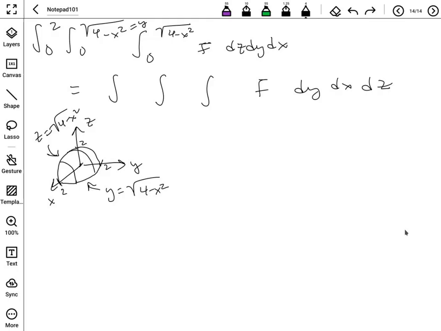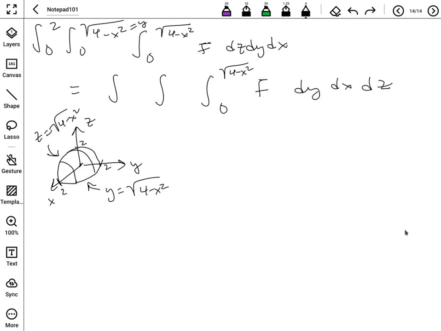So now I'm going to try switching the coordinates to y, x, z. Before, my bounds for y were 0 to root 4 minus x squared. Technically, that's still allowed because y comes before x, so x can be in the bounds.